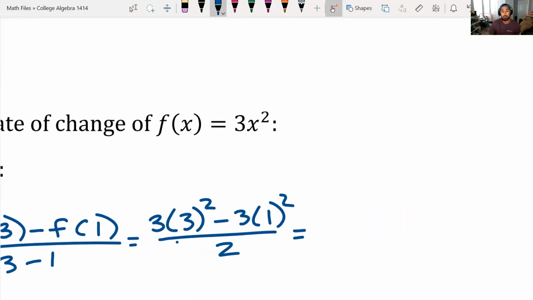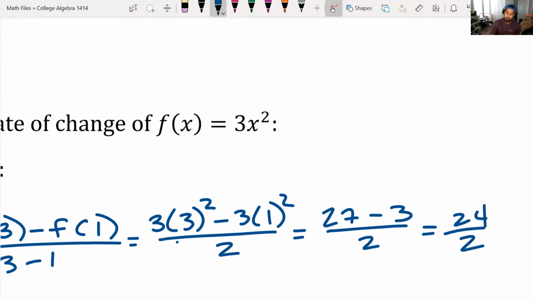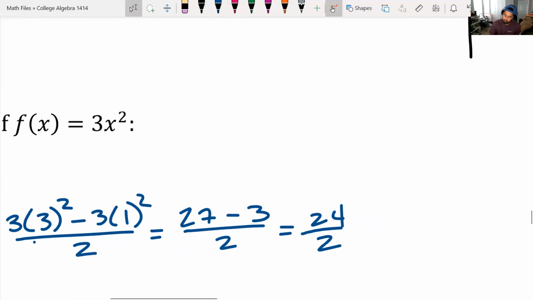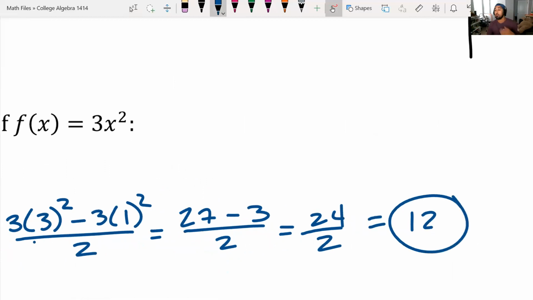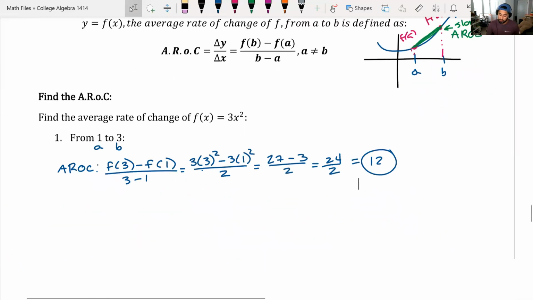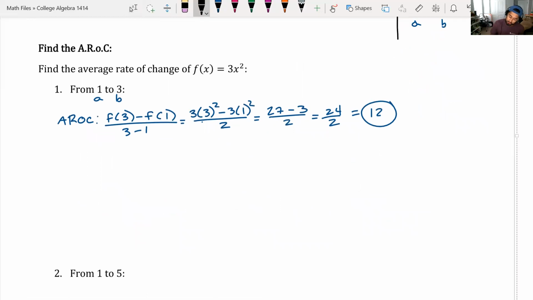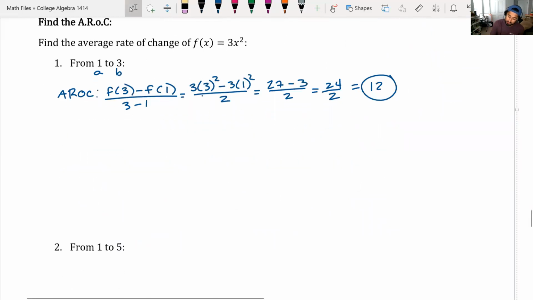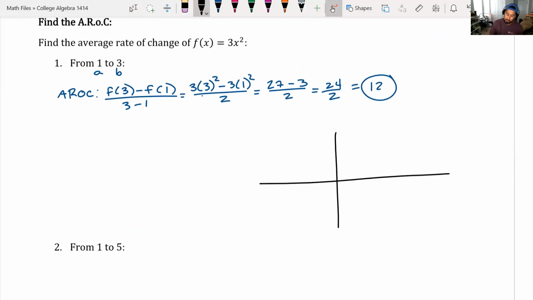And then 3 times 3 squared, that's 9, that's 27, minus 3 over 2, and we get 24 over 2, which gives us 12. Okay, so once again, if you wanted a graphical representation of what you just did, well, 3x squared probably just looks like this, right?